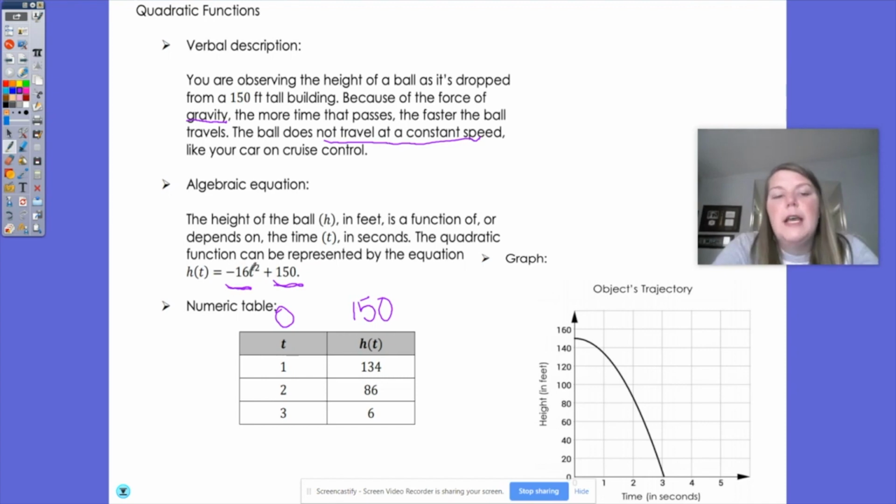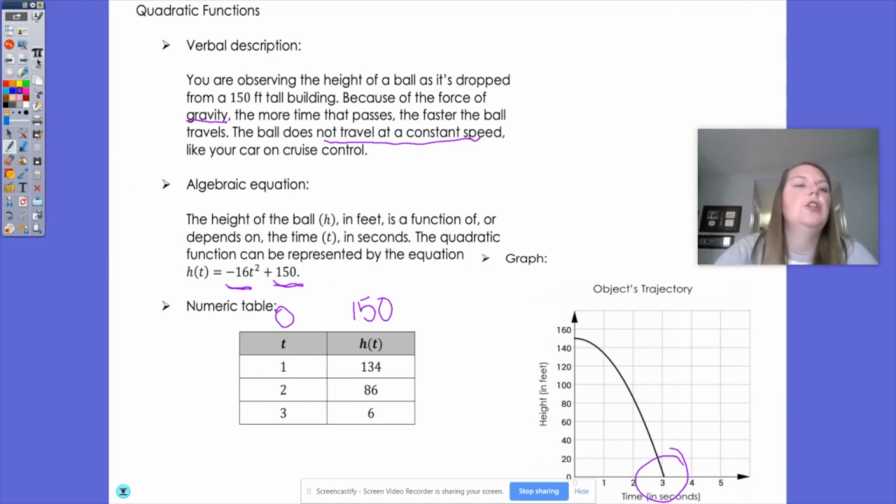Then after 1 second, if we substitute that into my equation, I'm at 134 feet above the ground. After 2 seconds, I'm 86 feet above the ground. And after 3 seconds, I'm 6 feet above the ground. So you can see here it's like the right side of that upside-down parabola, and it looks like eventually that ball would hit the ground a little bit after 3 seconds.